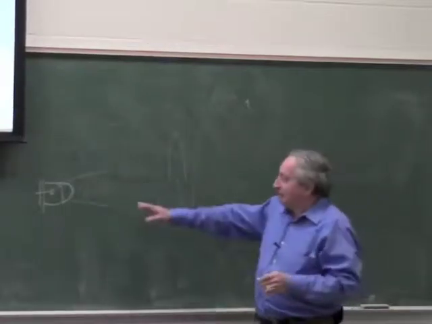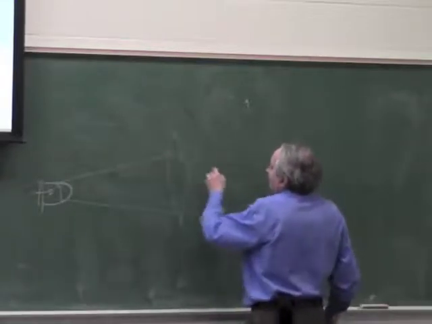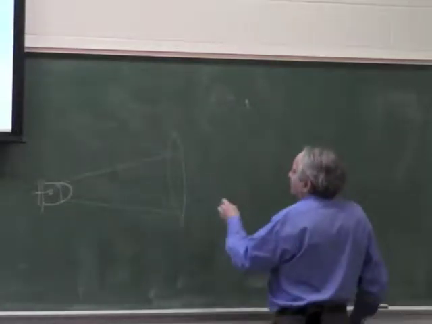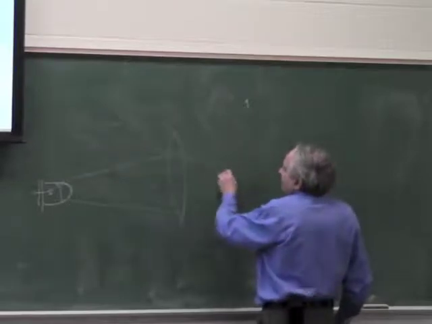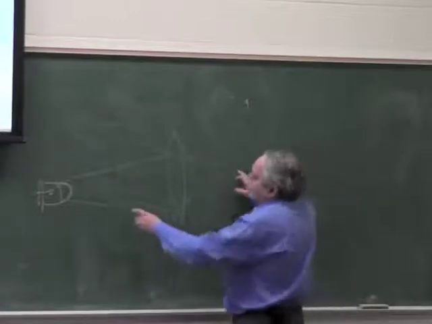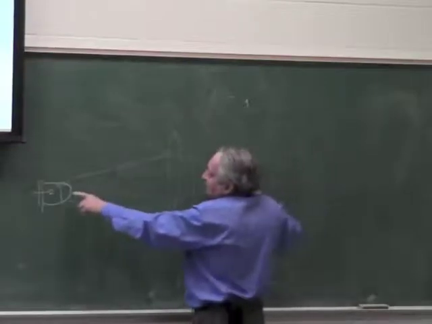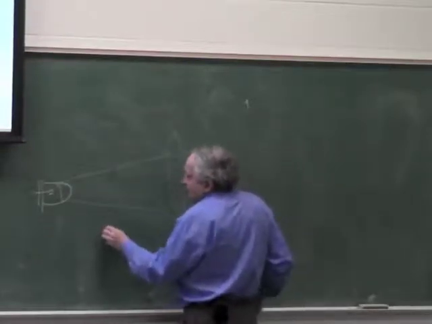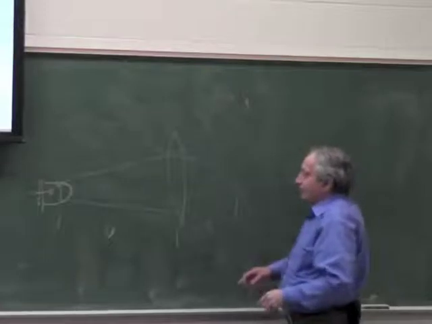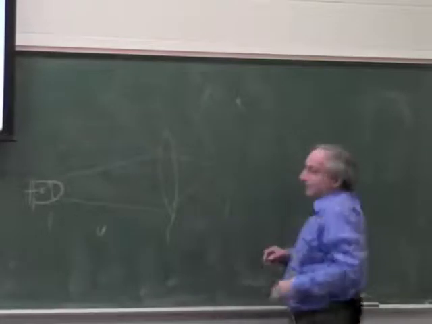It doesn't shine in all directions, and this will be enough to make an angle sensor. It will come to a focus here. What is important is that this is not imaging this point. If this is U and this is V, and 1 over U plus 1 over V equals 1 over F, it wouldn't work, because the image of the LED will always appear at the same spot.